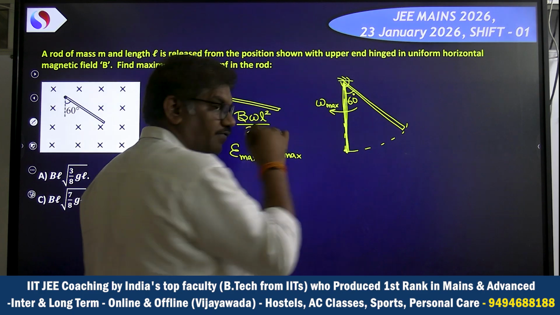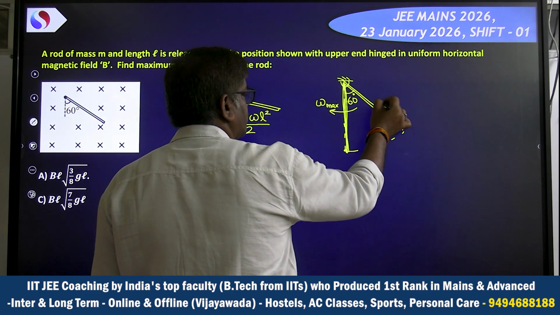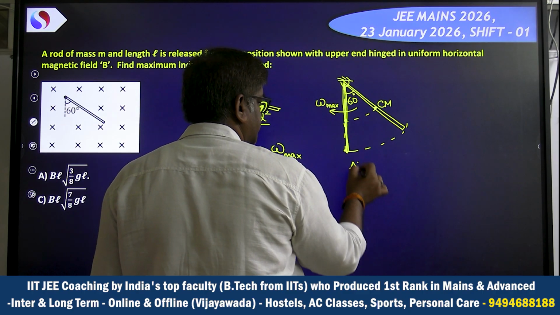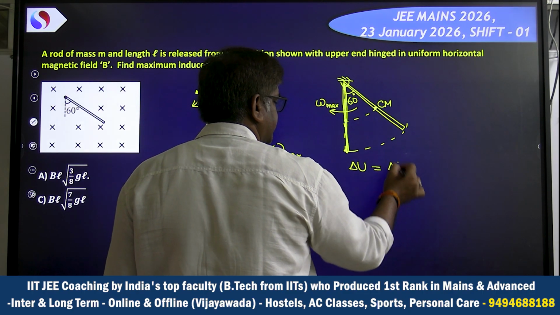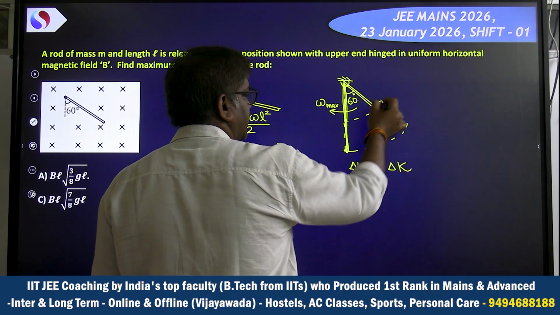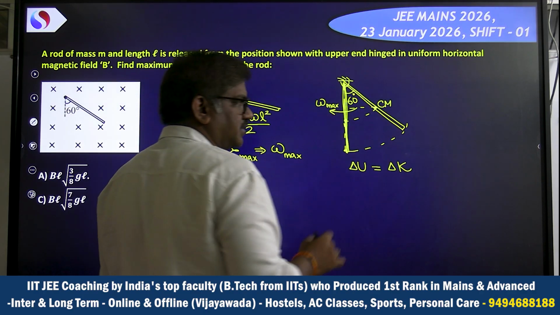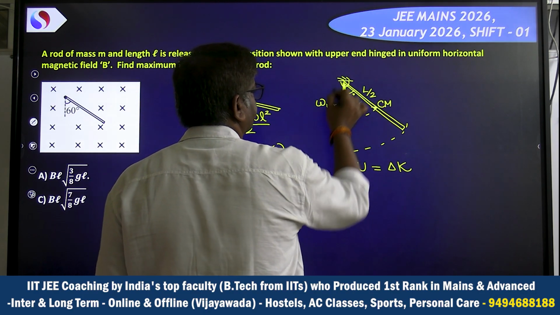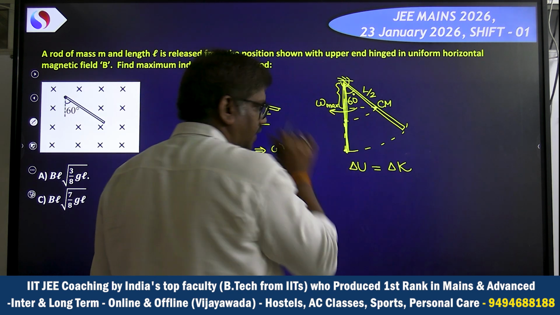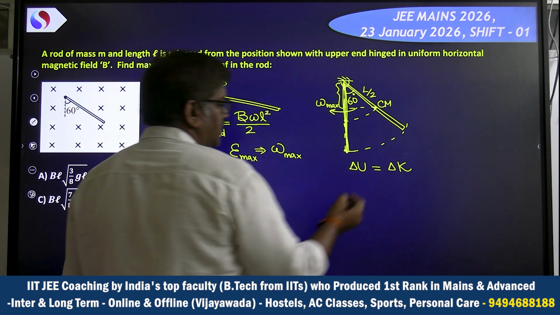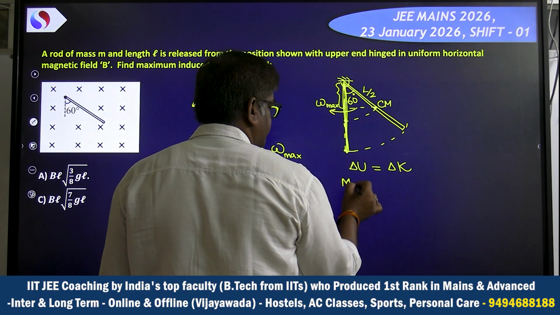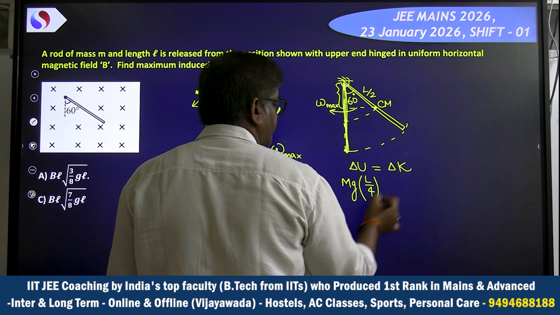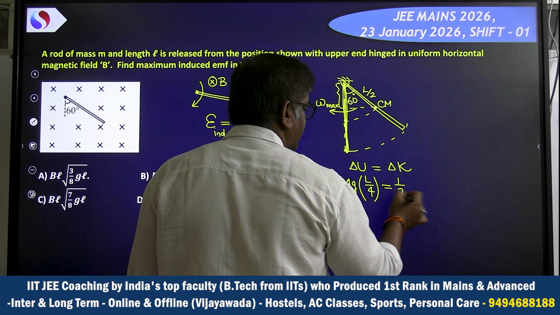So it is conservation of energy now. To write down the energy of this rod, the change of potential energy is the gain in kinetic energy. For potential energy I have to see the center of mass. Now the center of mass is at L by 2, so this height will be L by 4. Correct? So I can say mg into the change in position of the center of mass, L by 4, equals half I omega square.